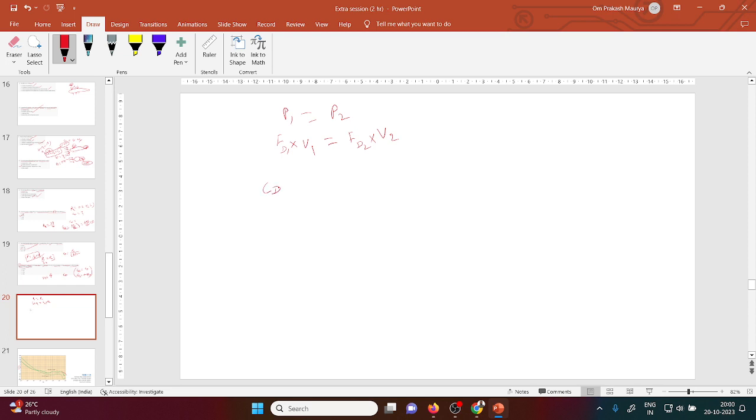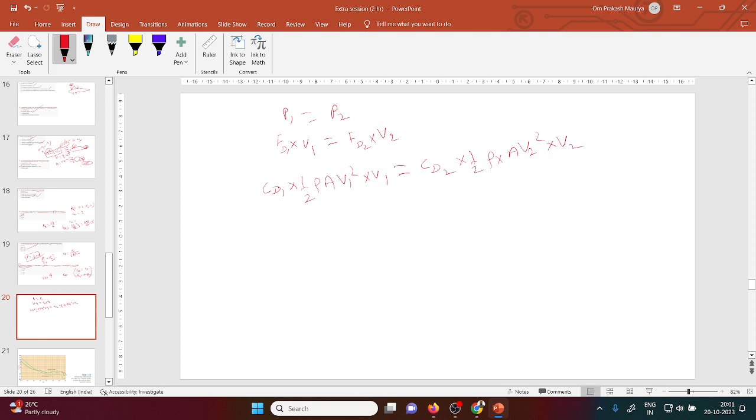So CD1 into half rho A V1 square into V1 equals CD2 into half rho A V2 square into V2.